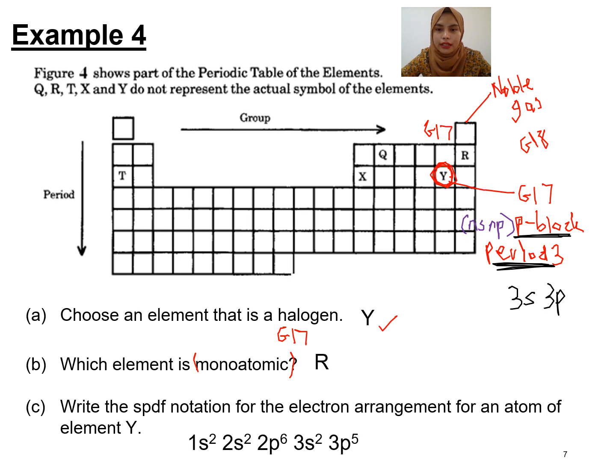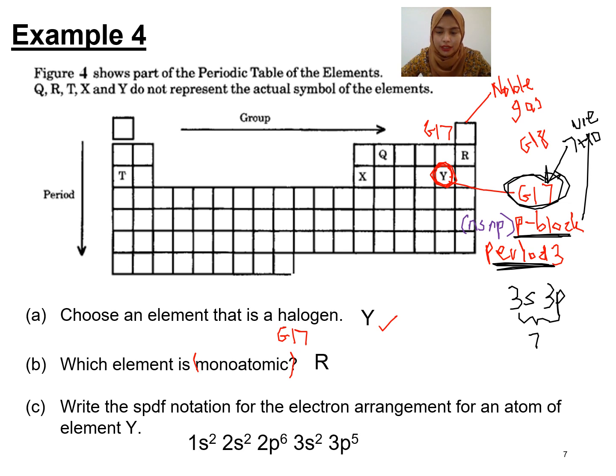And since dia berada di group 17, so you will know that, okay, untuk P block, valence electron adalah 7 kena campurkan dengan 10 kan? Sebab itulah dia berada di group 17. Therefore, valence electron untuk elemen Y kenalah ada 7. So you nak start fill daripada mana? Kalau ikutkan aufbau, you need to start to fill it from 3S.